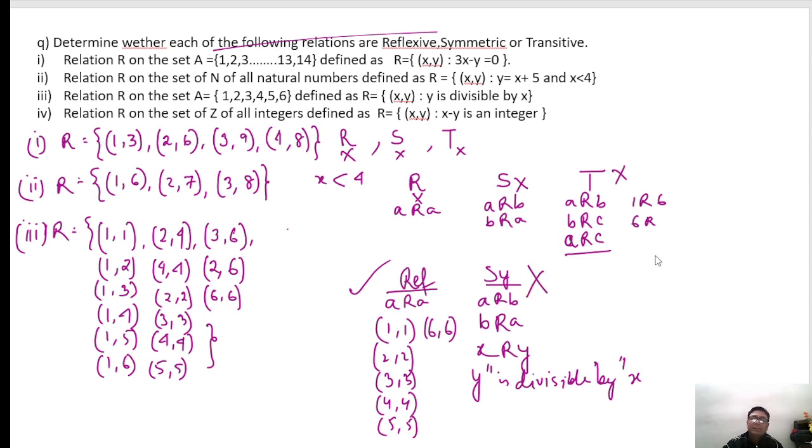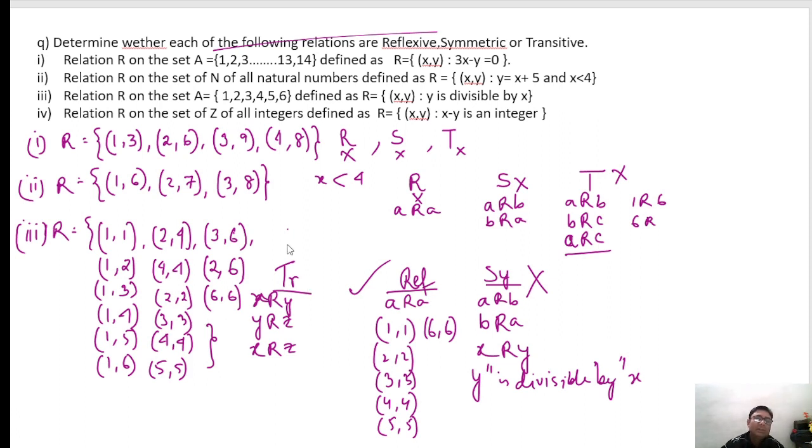Now let's come to the transitivity. Let's see the transitivity. What is transitivity? Y is divisible by X. Z is divisible by Y. Is Z divisible by X?